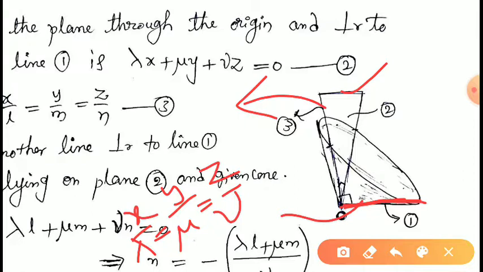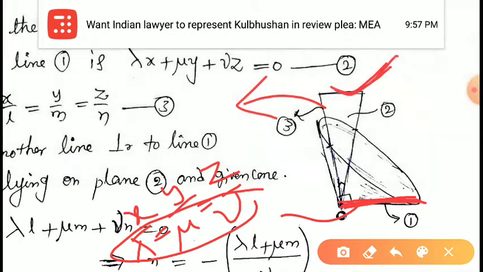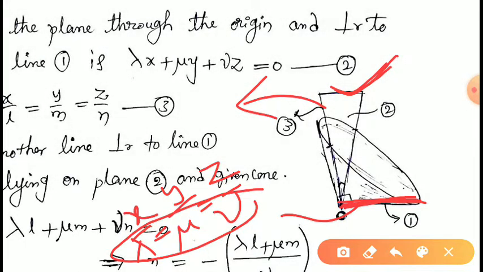Since this line is perpendicular to this plane, this line is the normal line to this plane. Therefore, lambda, mu, nu are direction ratios of the normal line to this plane.